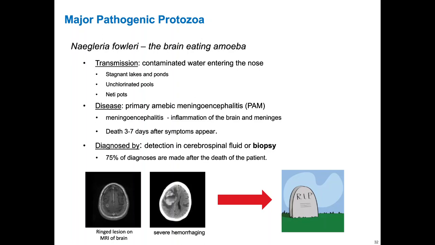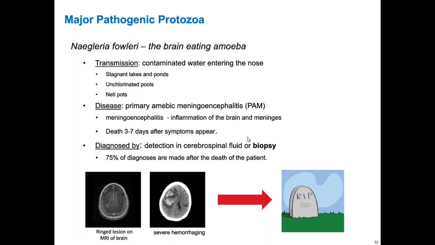This organism causes something called PAM, which stands for primary amoebic meningoencephalitis, meaning there's inflammation of the brain and the meninges, the protective coverings of the spinal cord, and it can cause death within 3 to 7 days, like very quick death here. It's diagnosed through detection of the organism in the cerebrospinal fluid or via biopsy. And 75% of diagnoses are made after death of the patient, unfortunately, because it takes the patient so quickly.